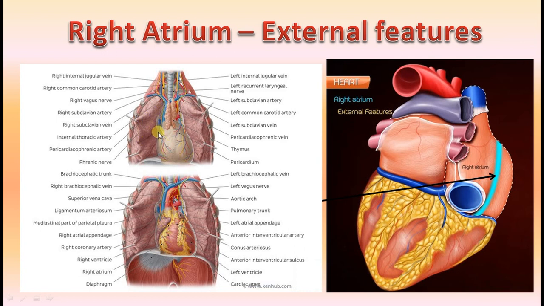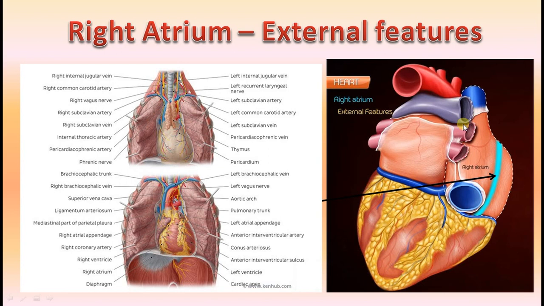To the right side it is related to the pericardium, the phrenic nerve and pericardiophrenic vessels, and the cardiac impression of the lung, all separated again by the pleura.